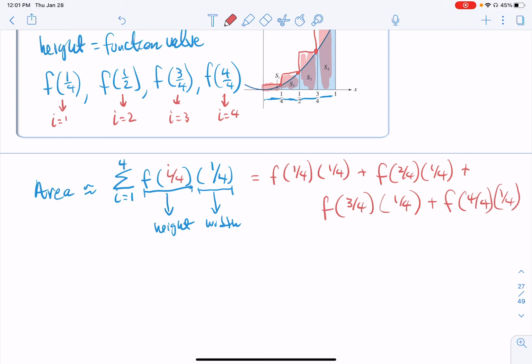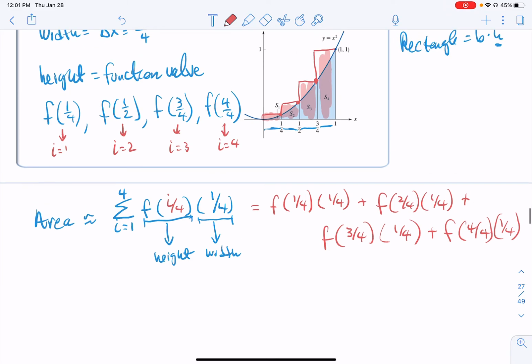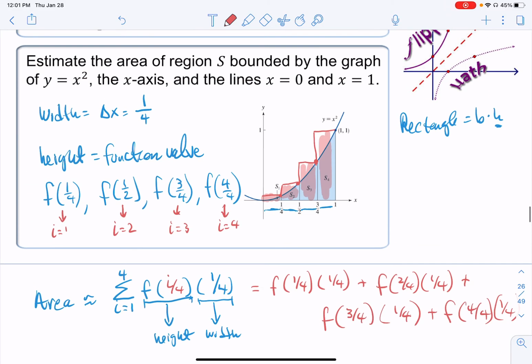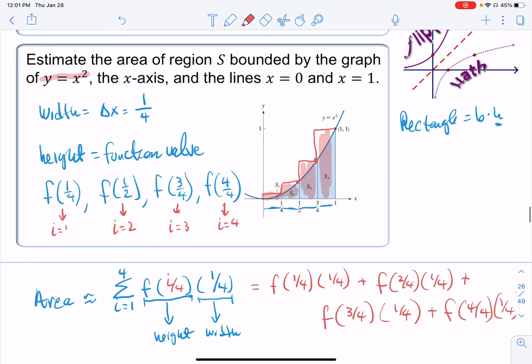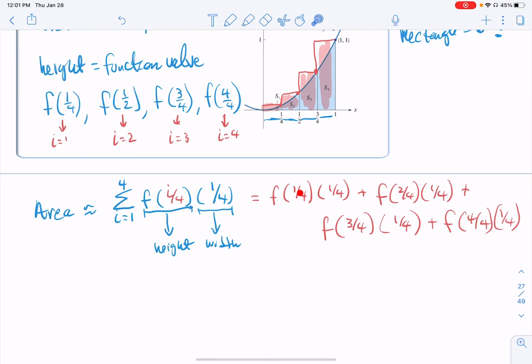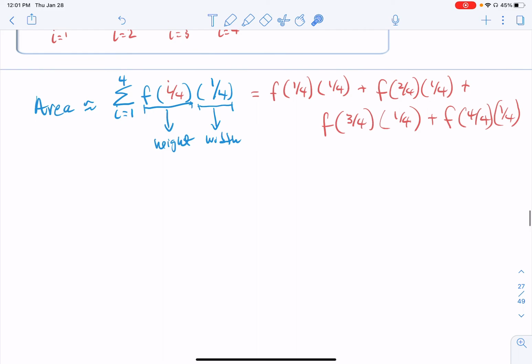Okay, now as far as adding all of these things up, it's pretty much you throw that into a calculator, right? So we have a function. That function is given to us as y is equal to x squared. You'd plug in 1/4 just as an example. You would take y of 1/4 and square it, so 1/4 squared is equal to 1/16.